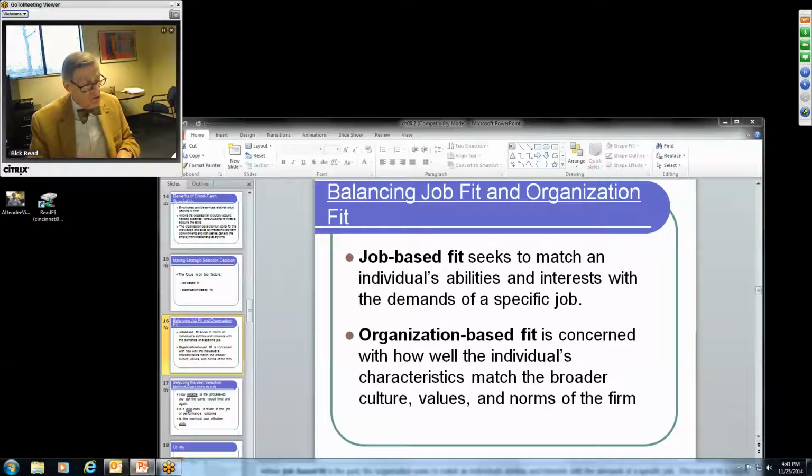Another issue the text presents is the probationary period, which may be used in lieu of employment tests as an evaluation of the employee's skills and abilities. I'm going to come back to this in just a second. 30 days seems to be the normal. I have seen 90 days.